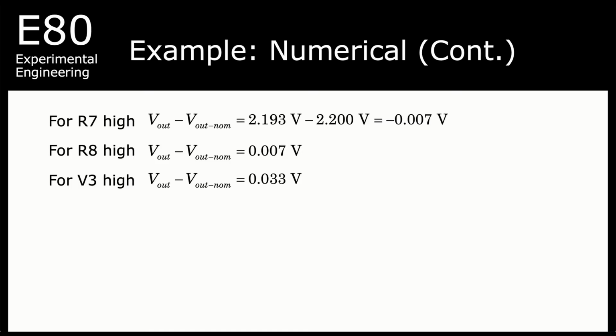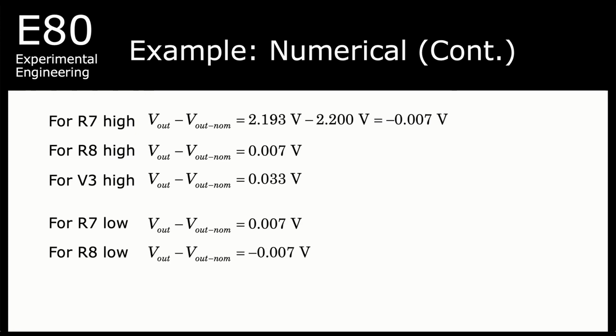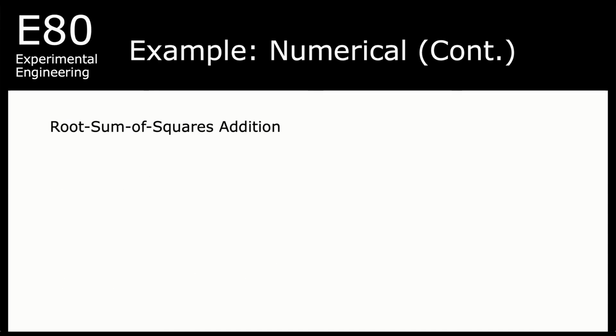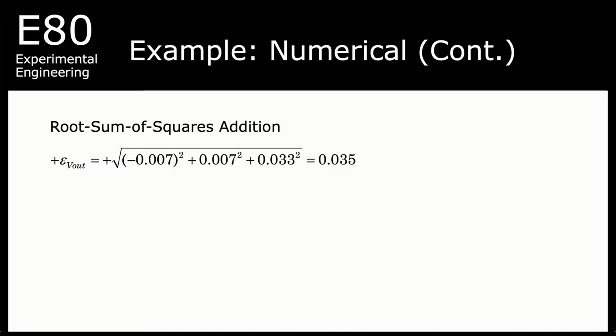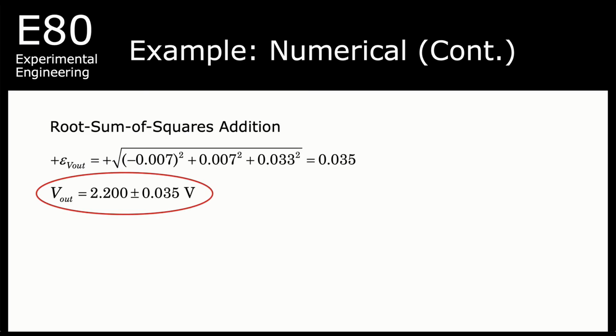For the minimums, we get the negatives of the previous values: 0.007, negative 0.007, and negative 0.033 for R7, R8, and V3 respectively. Let's add either side in the root sum of squares sense. The result is plus or minus 0.035 volts. We can then state that V out equals 2.2 plus or minus 0.035 volts, which is our desired answer.